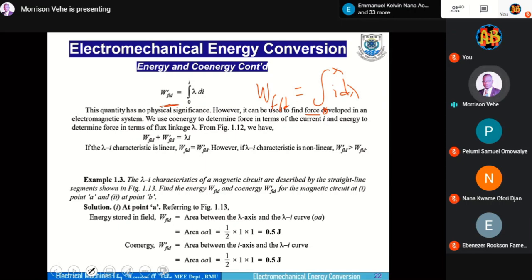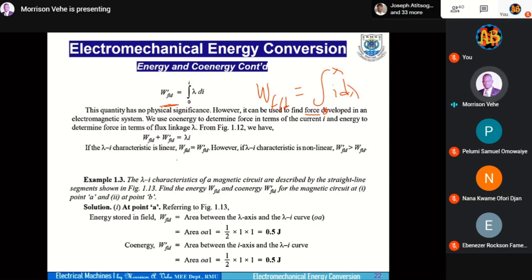So we will use the co-energy to determine the force in terms of the current, and the energy in terms of the flux linkage, lambda. The energy plus the co-energy will give us lambda i, so that is what it means.